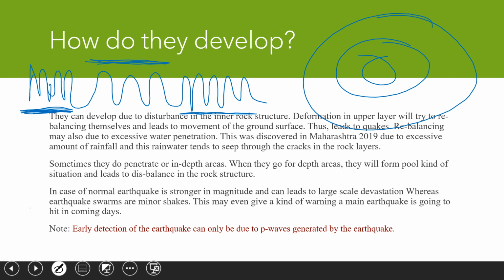When an earthquake happens, P waves travel through the core, the crust and the mantle. The mantle is a little bit solid, the crust is also solid, and the core is liquid. So we observe that P waves also go through the core, and we receive these P waves on the opposite side of the earth.